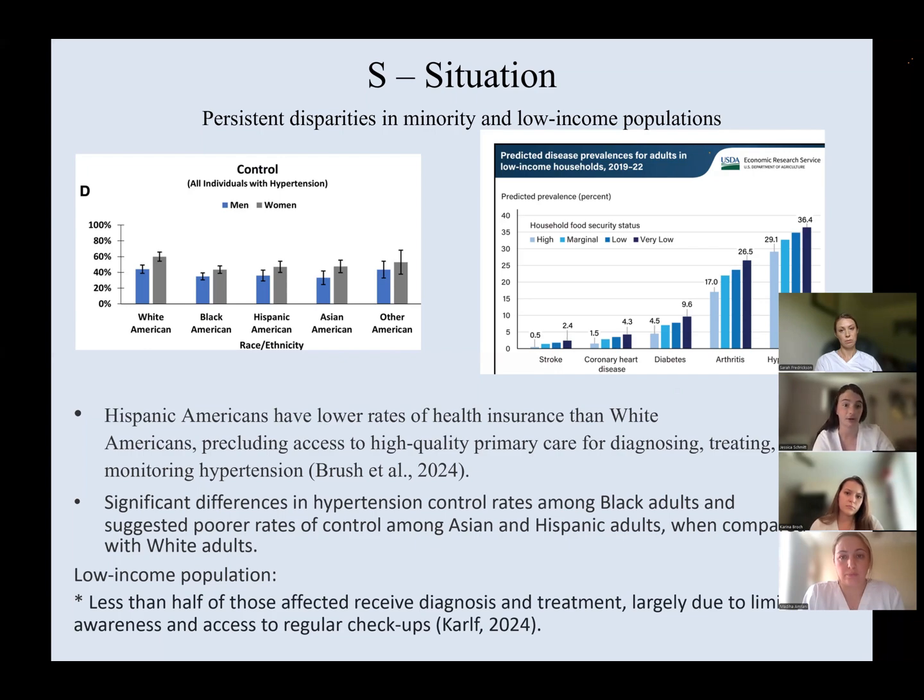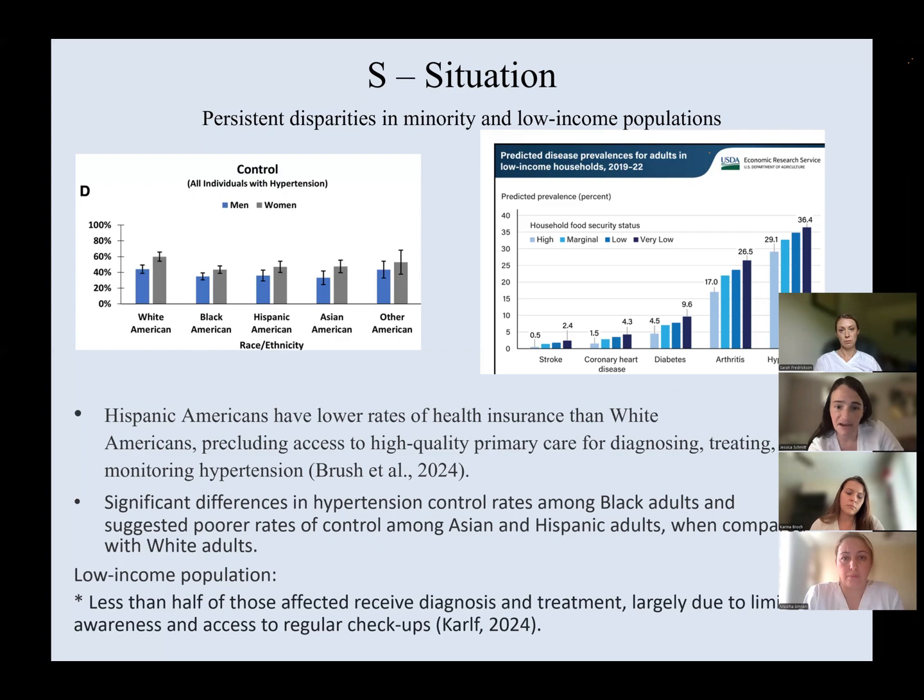So, the chart on the left-hand side shows the control of hypertension among all individuals by race and ethnicity. You can see that white Americans have the higher percentage of control, and the others are not so much.